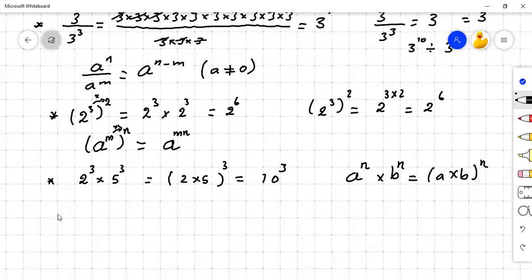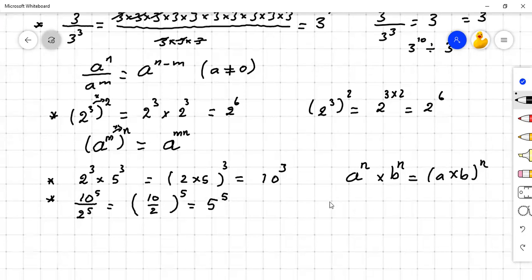The same in the case of division. If we have, for example, 10 power 5 over 2 power 5, we can divide 10 over 2 directly since they have the same exponent, so it's 10 over 2 exponent 5. And as we know, 10 divided by 2 is 5, so it's 5 exponent 5.